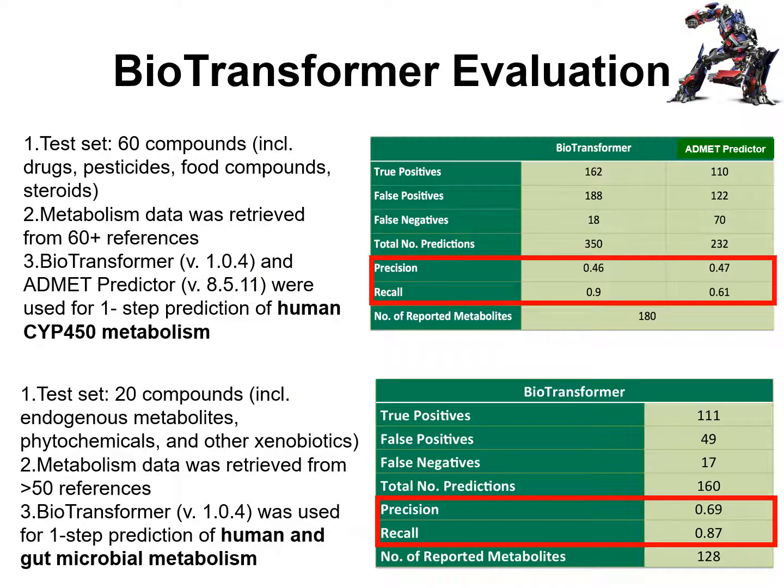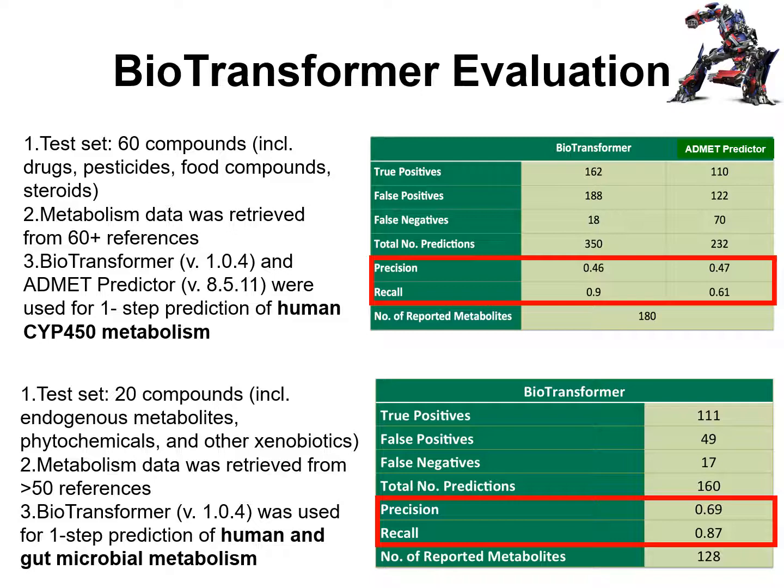We've also taken Biotransformer and ran it through other compounds and compared it to other tools. One here was ADMET Predictor, just looking at human cytochrome P450 metabolism, and again the recall is in the high 90s and the precision is around 45–50%. So again, in this evaluation, Biotransformer did better than the commercial tool.